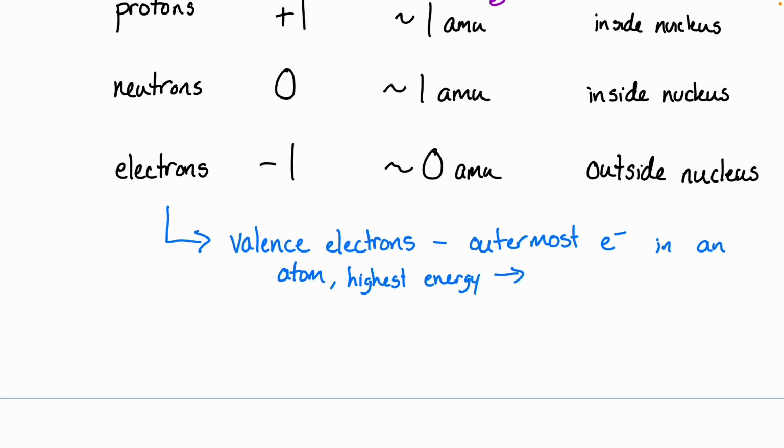And these are really important to understanding the properties of atoms because these are the electrons that actually participate in chemical bonding. Okay, when we start talking about compounds, we start talking about bonds between atoms. Those bonds are going to be made up of these valence electrons here, right? So our valence electrons are the ones that participate in bonding.